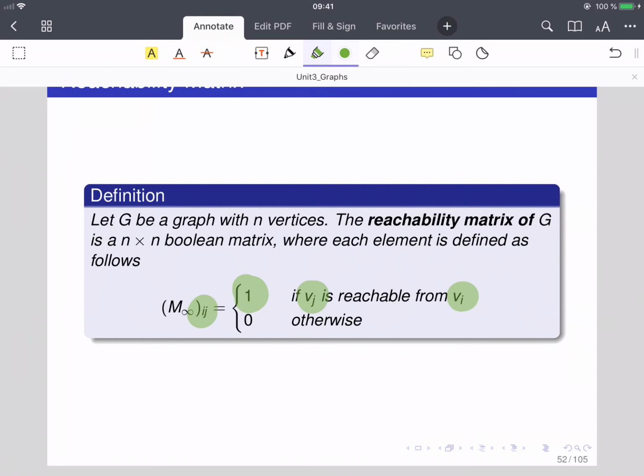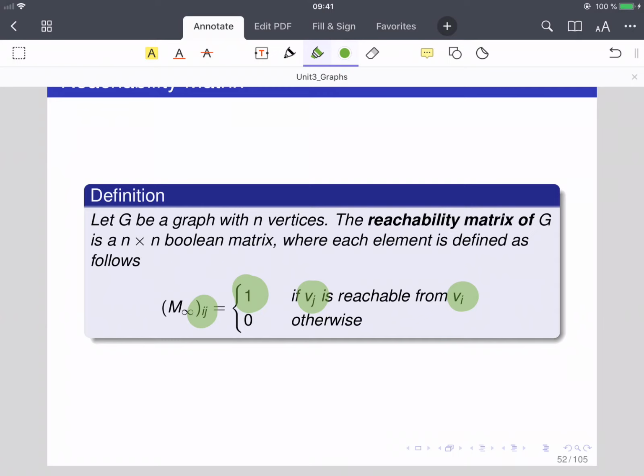This means that there is a path from vi to vj. Again, this is an n times n Boolean matrix, where n is the number of vertices, with zeros and ones. The ones mean that we can go from the vertex in position i to the vertex in position j.